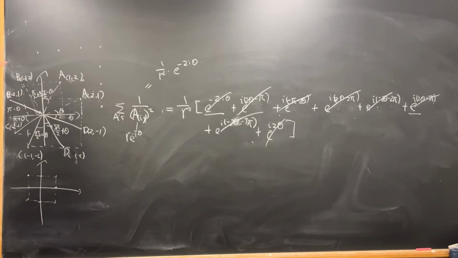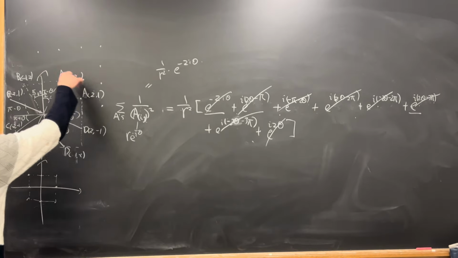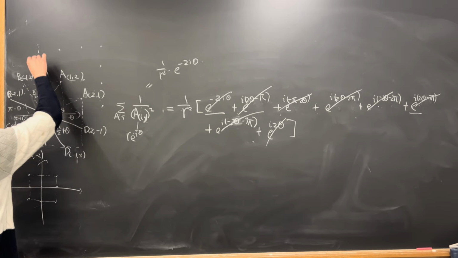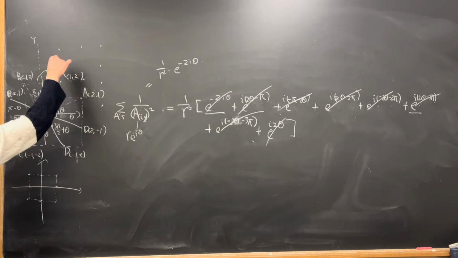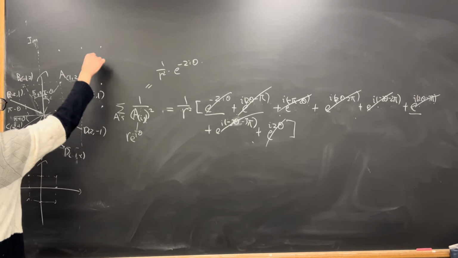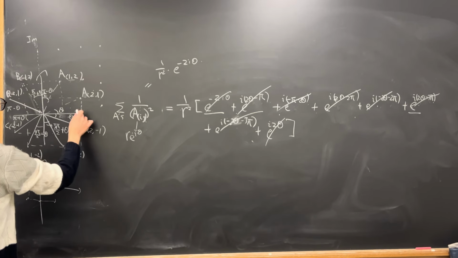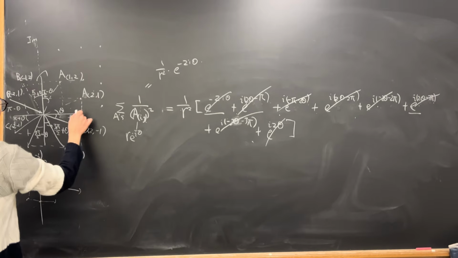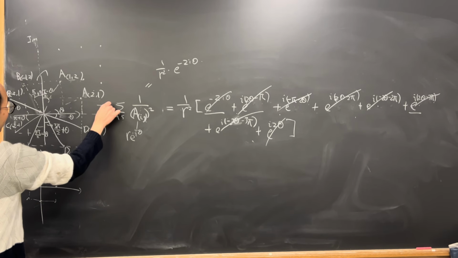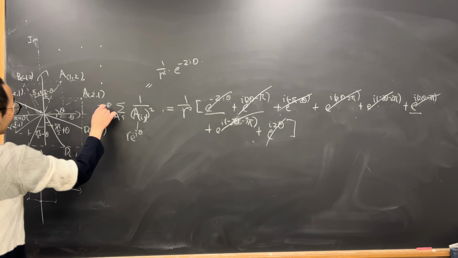Okay, just imagine that this is only the fourth quadrant. Imagine that this point lies on the imaginary axis, and this point lies at distance 4 away from the imaginary axis, and this one lies on the real axis.